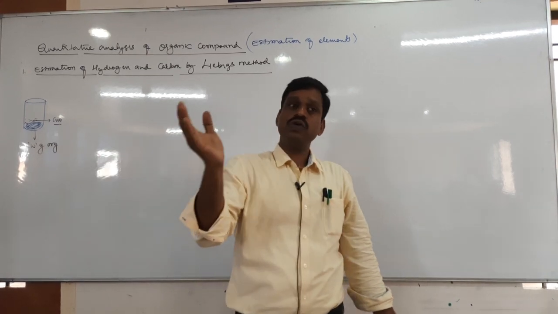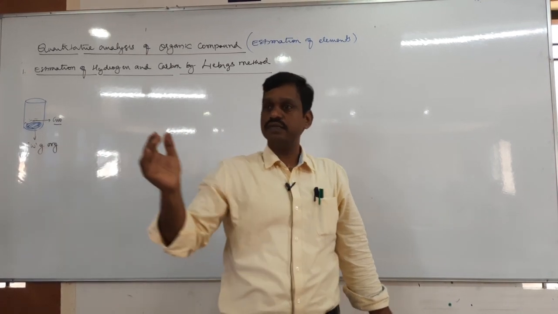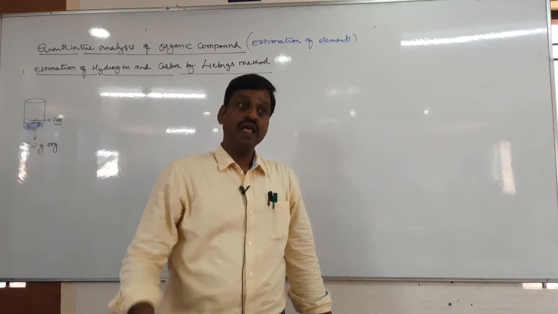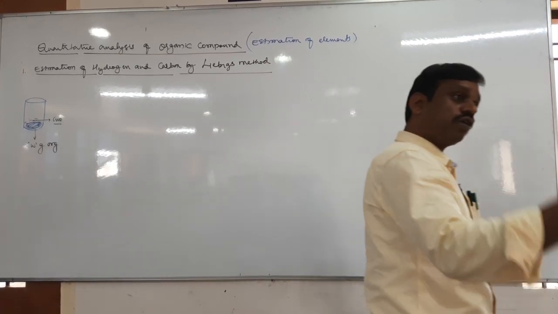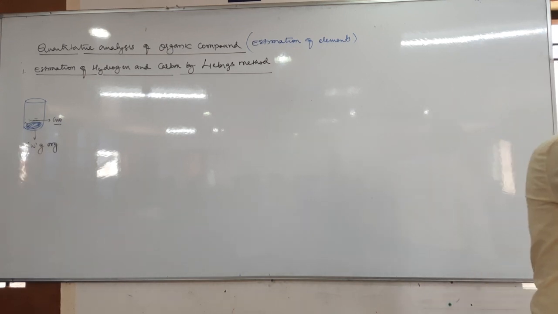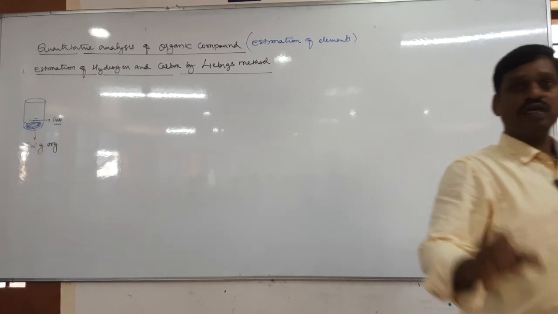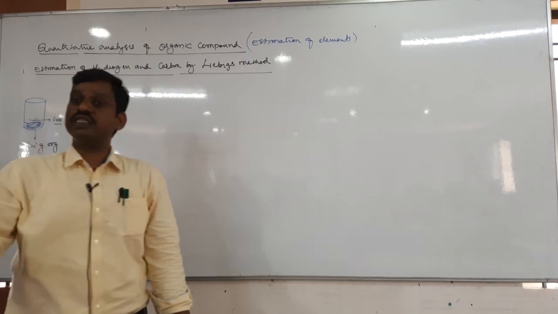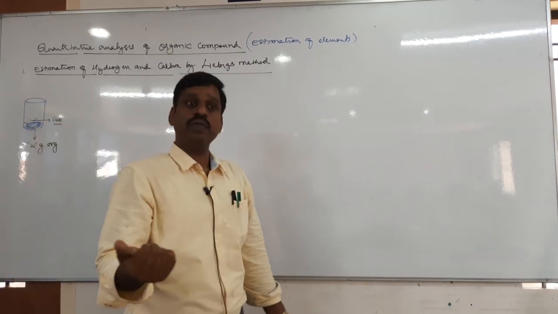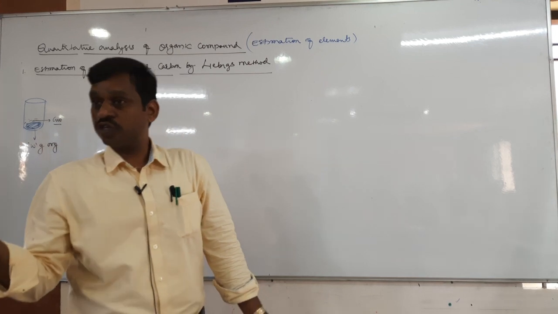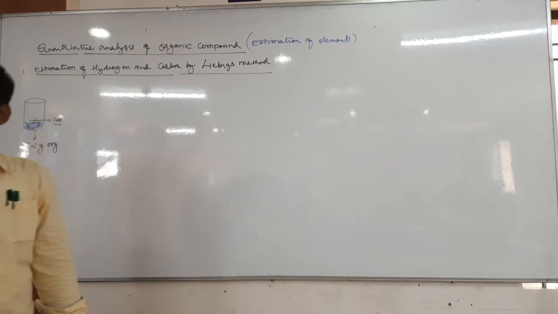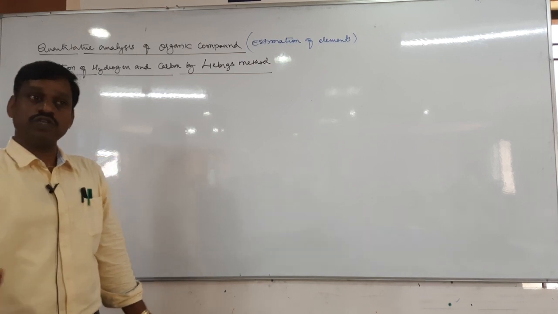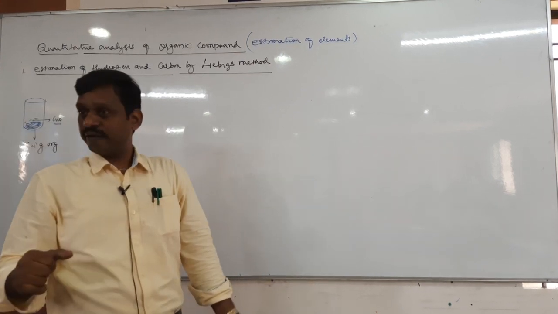Carbon is oxidized to carbon dioxide, hydrogen is oxidized to water. Then how do you estimate the weight of the water and the carbon dioxide? The amount of carbon dioxide can be estimated by absorbing it in KOH solution, because KOH solution absorbs carbon dioxide.